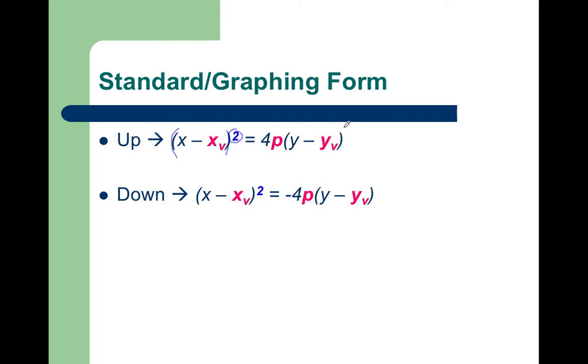And the linear stuff, we don't usually write parentheses around the y stuff. But notice the dilation factor is here with the linear stuff. In function land, the dilation factor was over with the squared stuff.